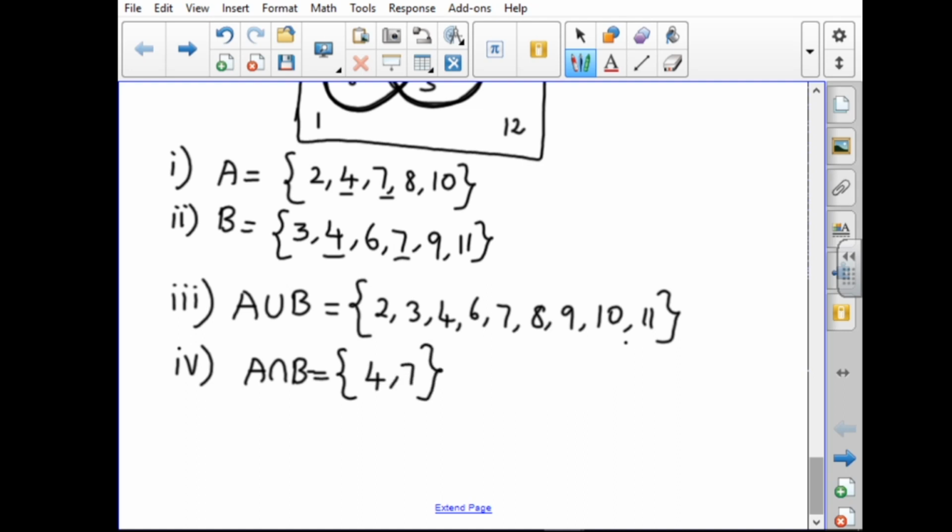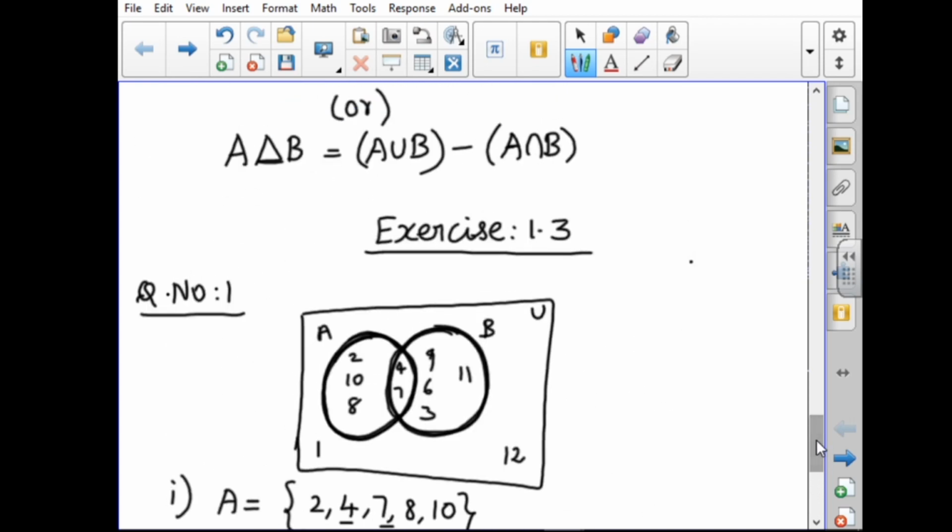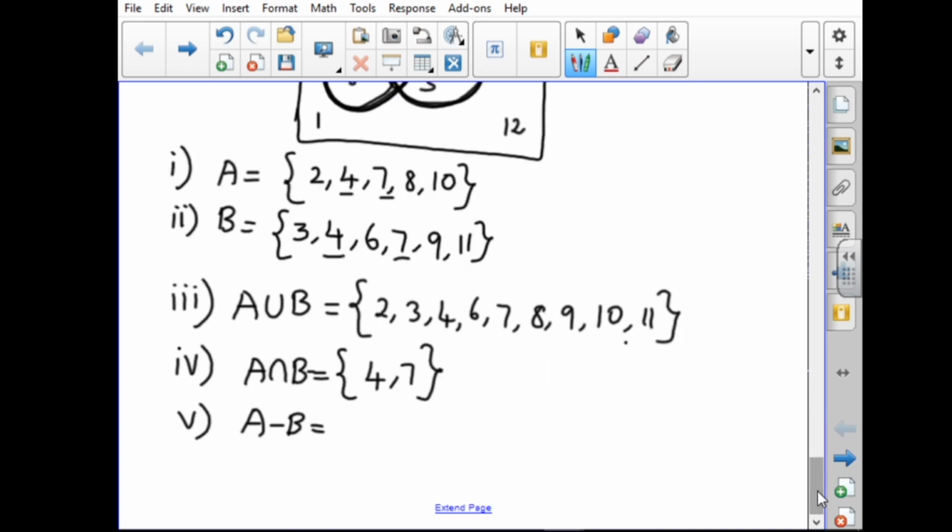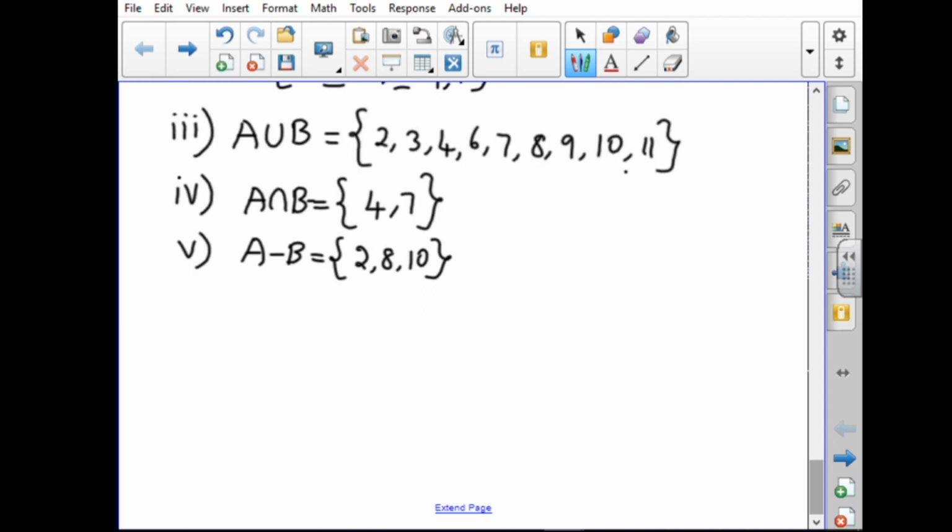Next, the fifth one, A difference B. In the Venn diagram, this part is A difference B: 2, 8 and 10. Using the Venn diagram, we can find those values directly.